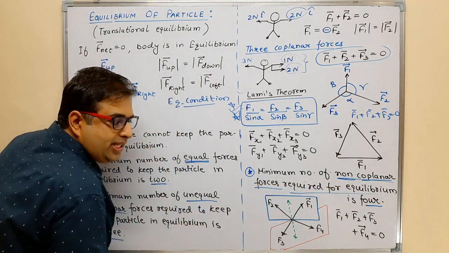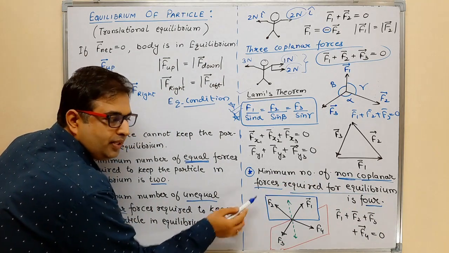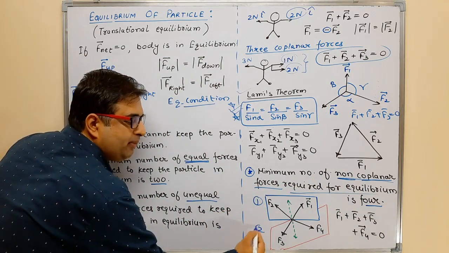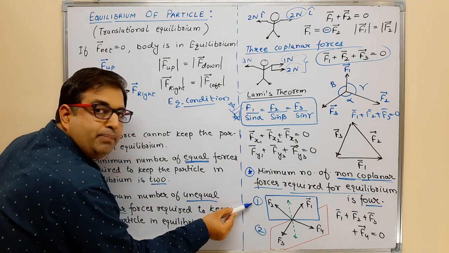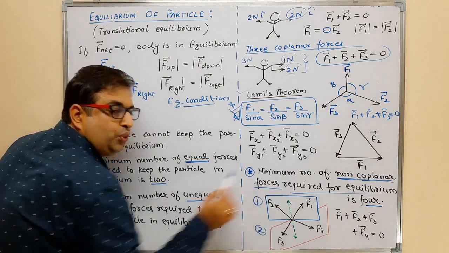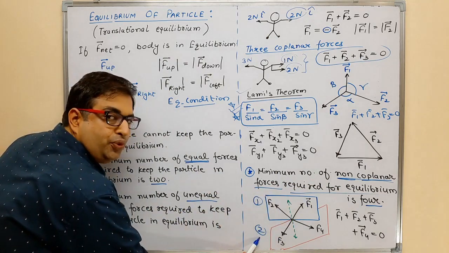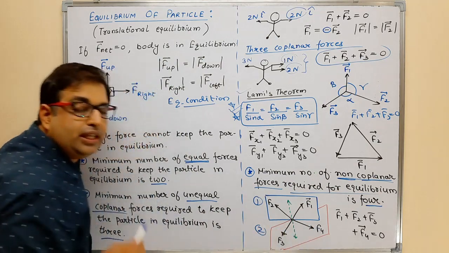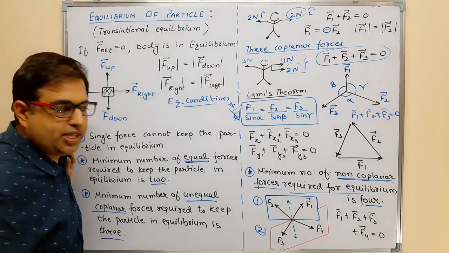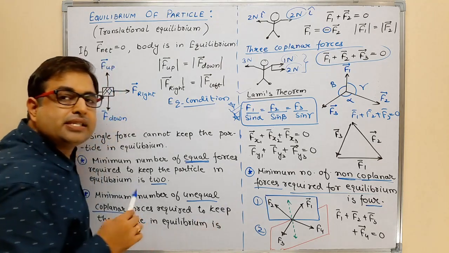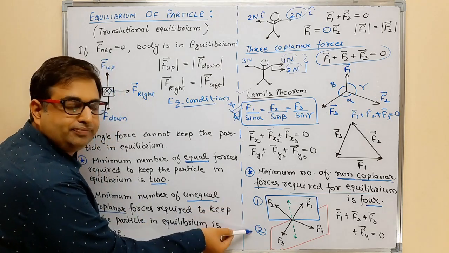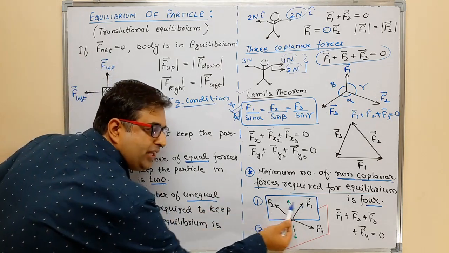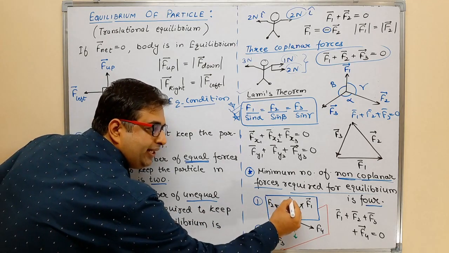Let us take one example. We have two different planes. This is plane number 1, this is plane number 2. And in plane number 1, we have F1 and F2. In plane number 2, we have F3 and F4. They are non-coplanar forces because they are not in the same plane. They are in different planes.